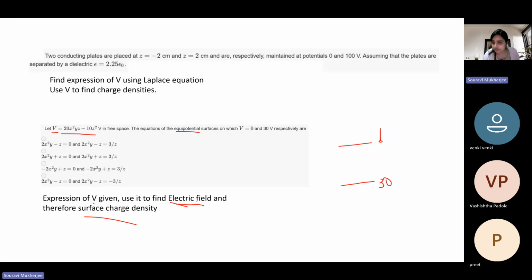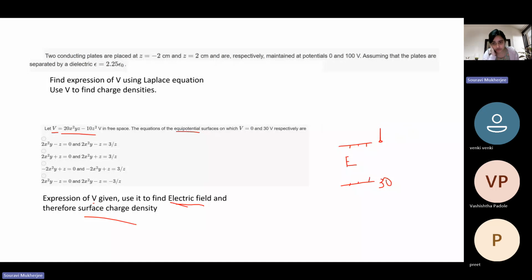Now, once you know the general expression of electric field, you want to find what is the charge density maybe on this surface, or on that surface. So here you have to take care of the region.